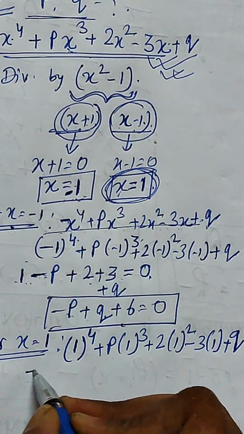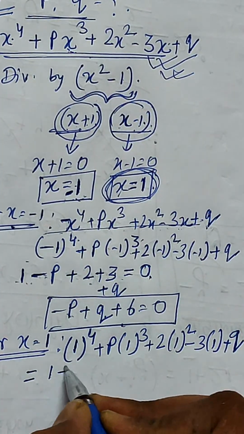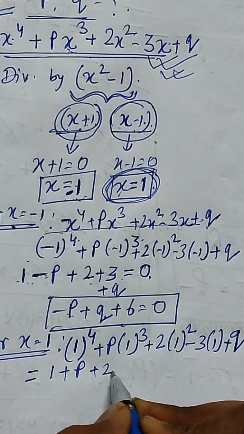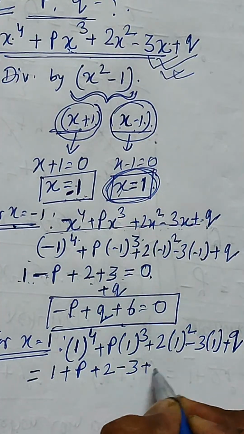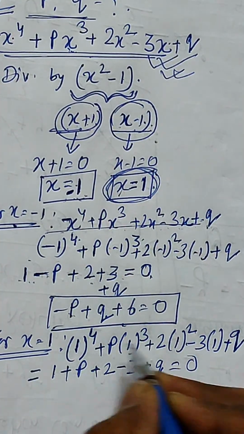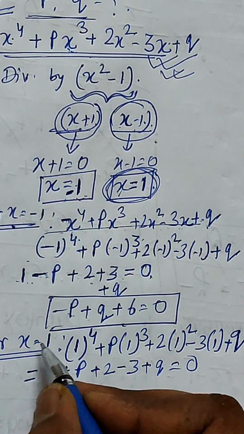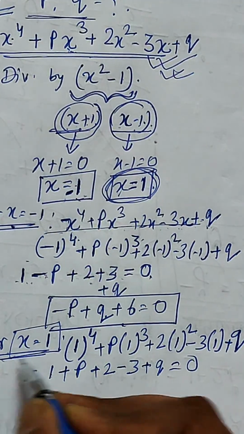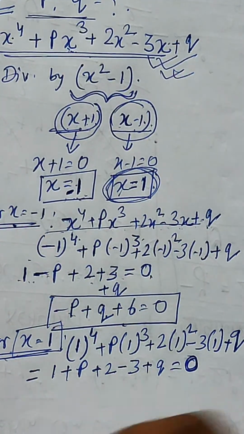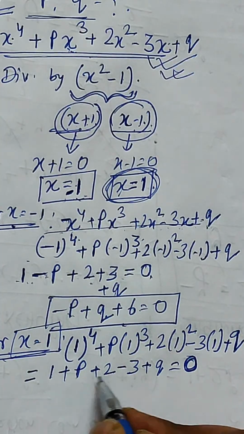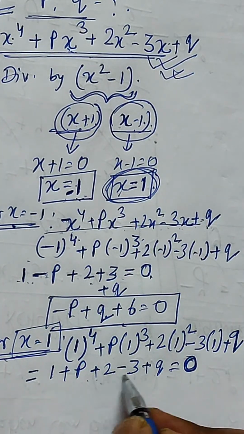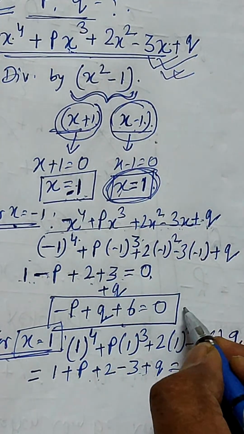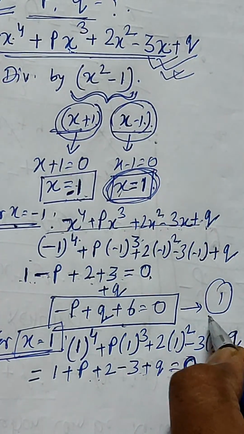So this will come as 1 plus p plus 2 minus 3 plus q. And since x minus 1 is a factor, the value of this will be 0. So this is equated to 0. This will give you another equation in p and q, a linear equation in two variables. We have already arrived at one equation over here.